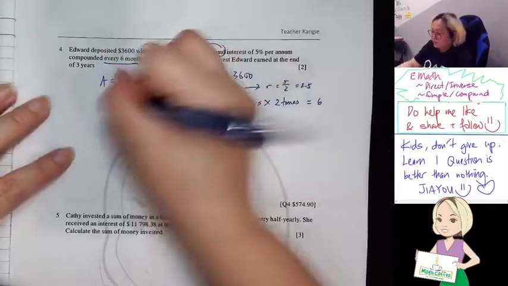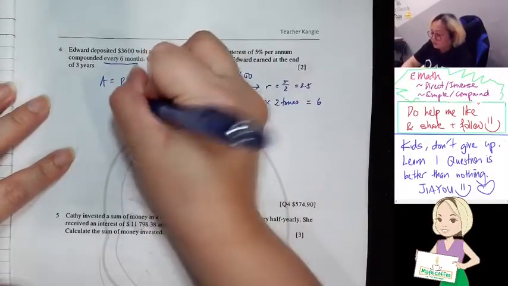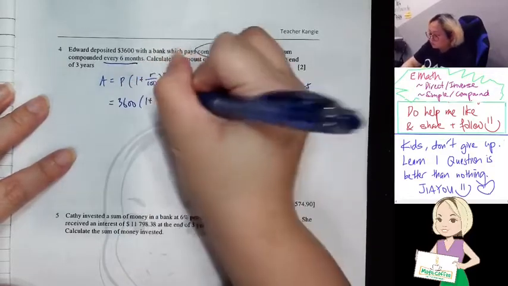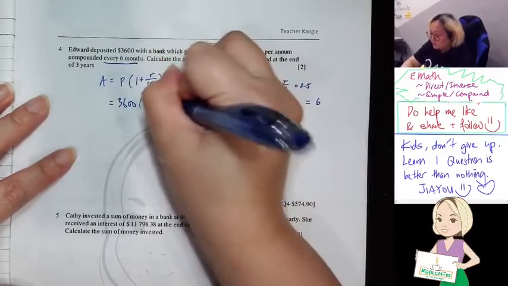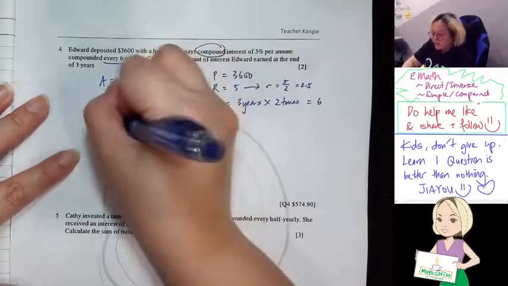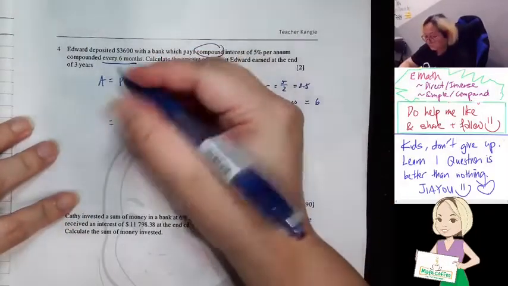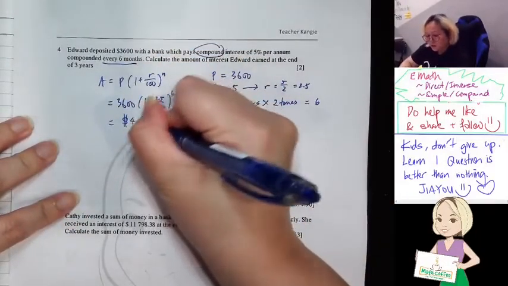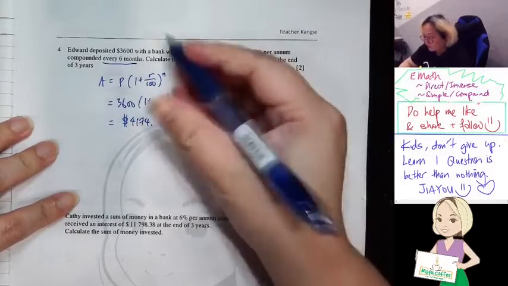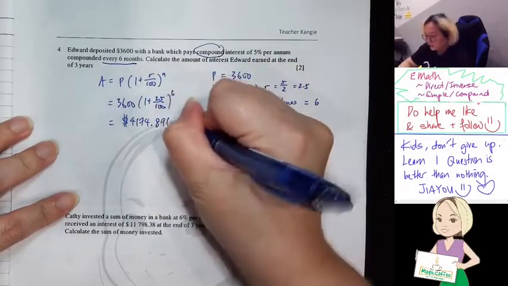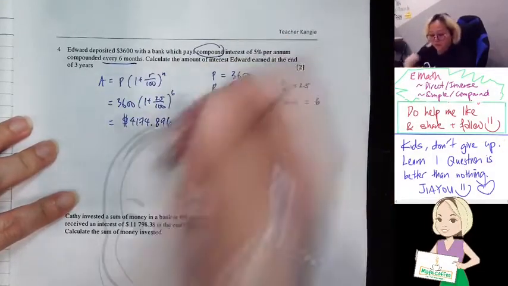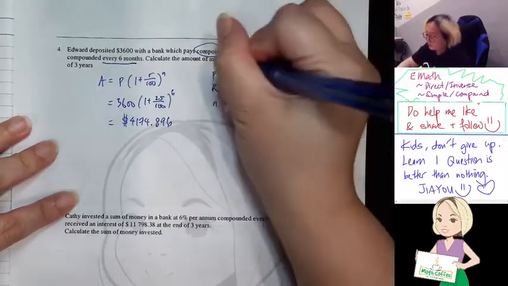So sub in the values: 3600 times (1 plus 2.5 over 100) to the power of 6. Press the calculator and you will get 4174.896.